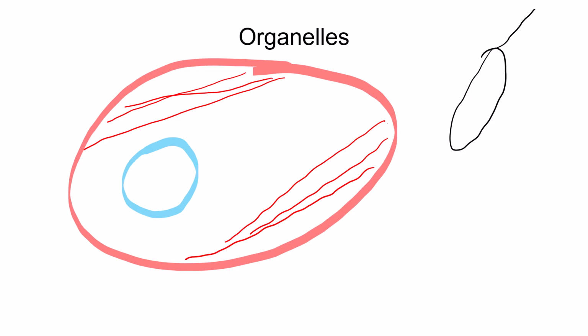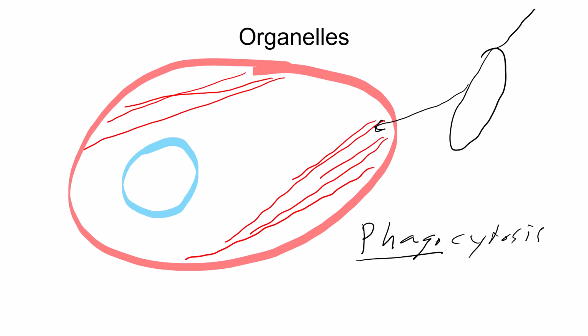They call this phagocytosis. Phago means to eat. And so the bacteria is moved into the cell. In order for the cell to move, it has to use its cytoskeleton, all of these proteins here. And the cytoskeleton can move, and that will change the shape of the cell.